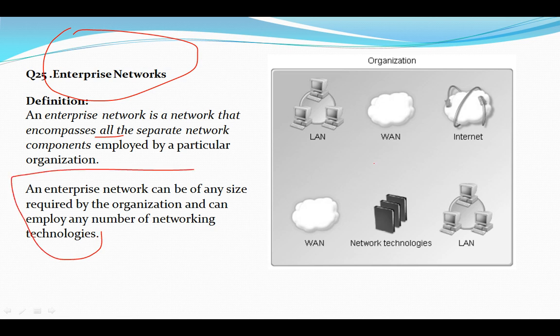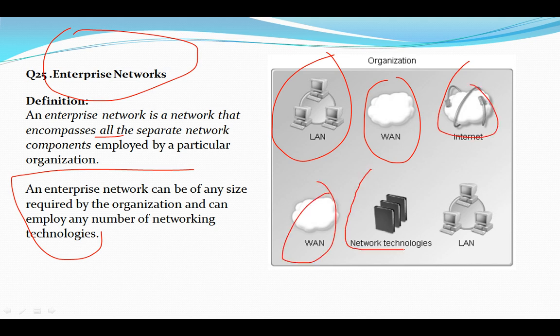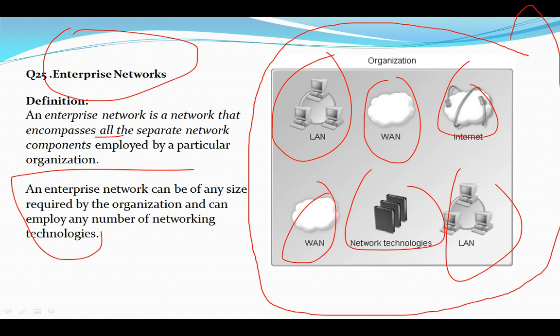So the meaning is very simple. It will include LAN, WAN, internet, and any network technology. So it will be a complete enterprise. You can use as much information technology as you want, and it will make it an enterprise network. Each and everything should be connected in that network for a particular organization.